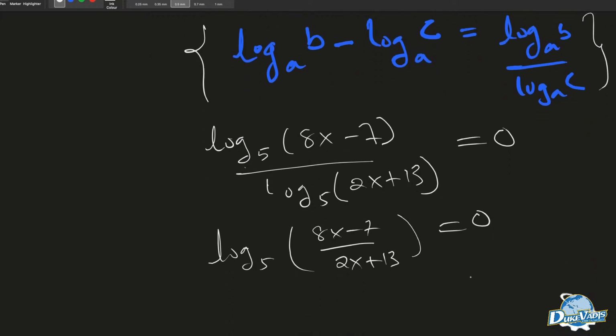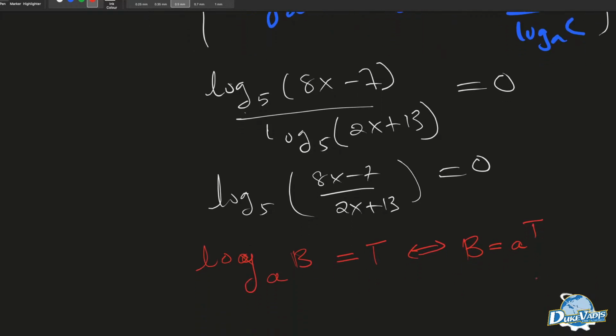Have you seen that? Now, since this base is 5 over here, when we get rid of that, we are going to apply one more principle as we saw earlier. That rule of logarithm: if you have log to the base a of b is equal to t, this is the same as saying that b is equal to a raised to the power t.